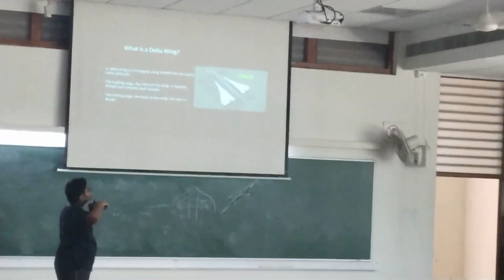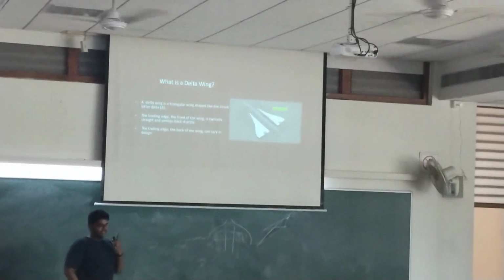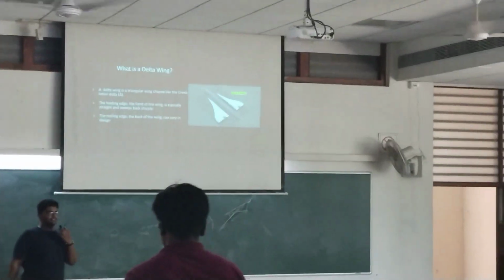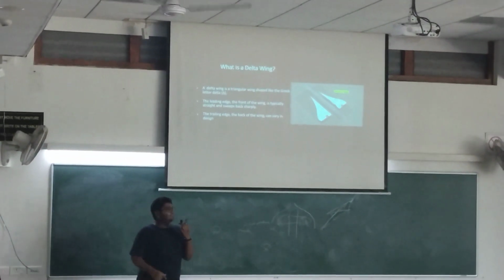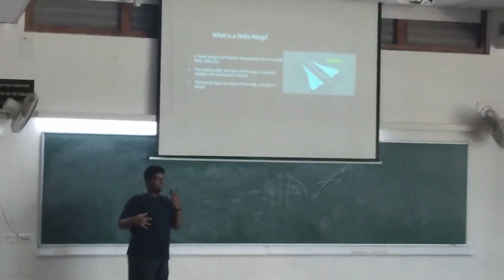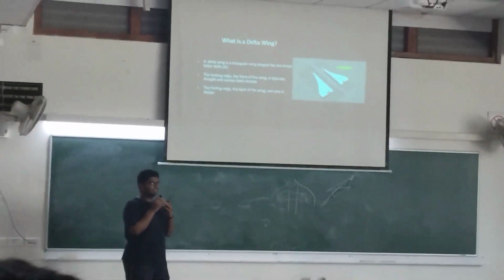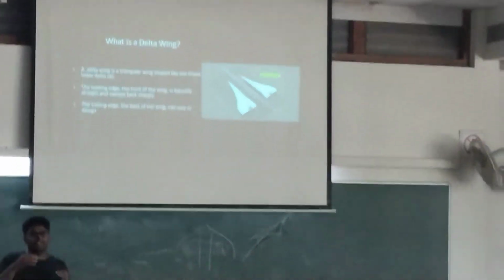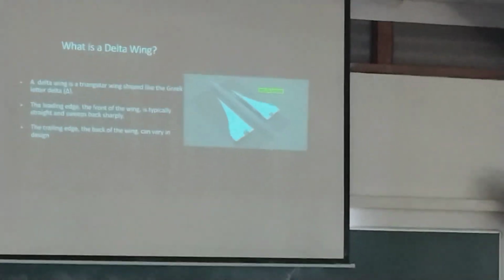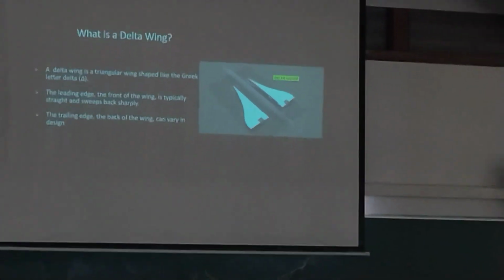From the picture you can clearly see it is a triangular shape. Usually we use this kind of wing in high speed airplanes or jets, but in Concorde they use this because Concorde can travel faster than sound, like Mach 1.5 to 2. So in order to create lift at that high speed, we should use this special kind of wing.